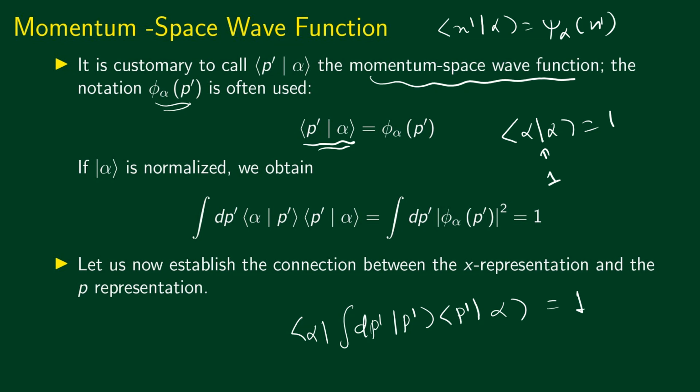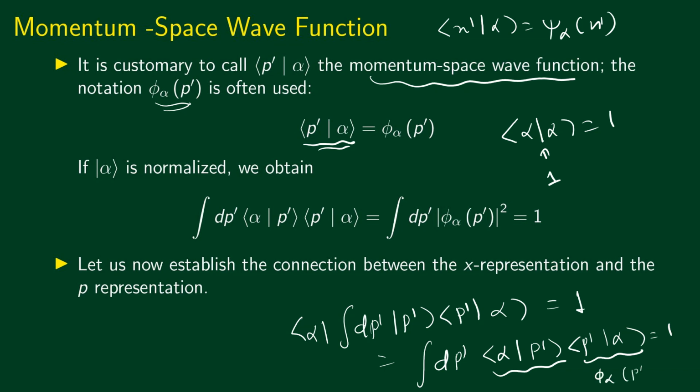This is the identity operator. Or integral dp prime bra alpha ket p prime bra p prime ket alpha is equal to 1. Now what is this? This bra p prime ket alpha is what we called phi alpha of p prime. And this is just the complex conjugate of this, so it can be written as phi alpha star of p prime.